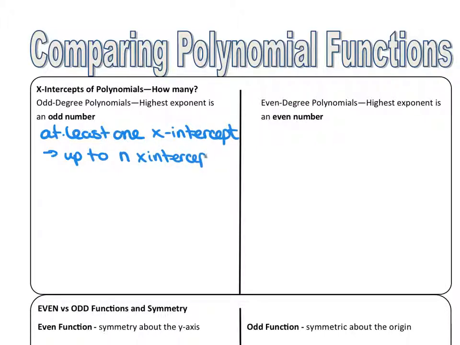And the n is the highest exponent. So if you have an x cubed function, where your highest exponent is 3, it's going to cross at least once, but it could cross up to 3 times, okay? So just be aware of that.